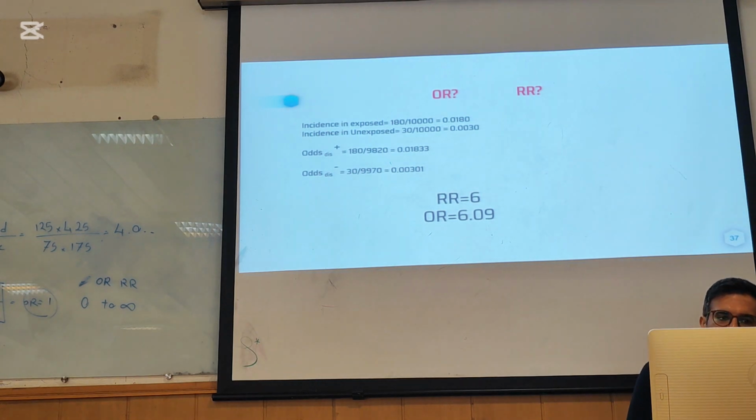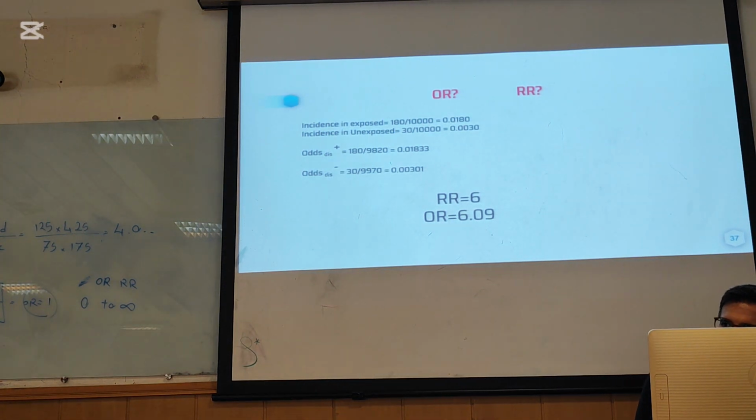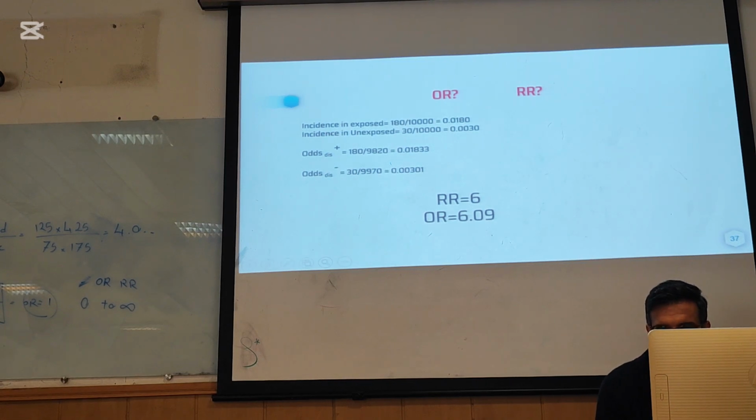So when you have a rare outcome, relative risk and odds ratio are very close, and it's so important in epidemiology.